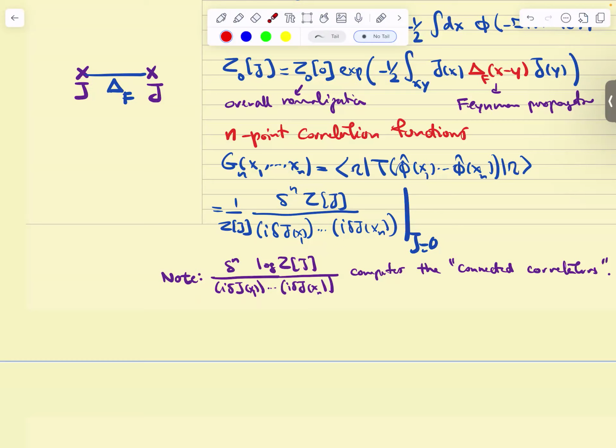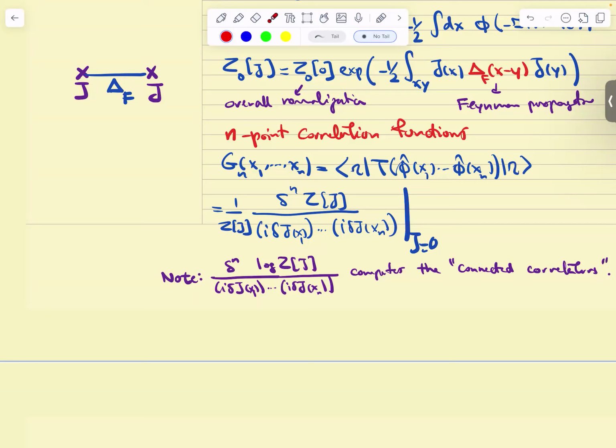What's the connected 3-point function? Zero, by Z2 symmetry. The connected 3-point function is just the 3-point function because there are no 1-point functions. What's the connected 4-point function in free theory? Is it clear what connected means? Maybe that's what the issue is.